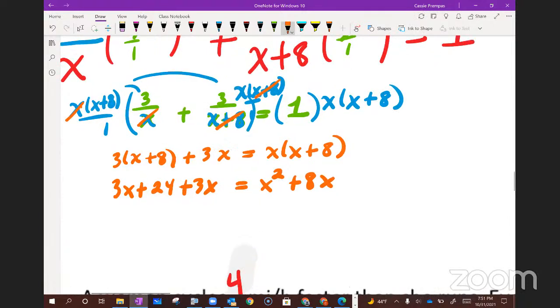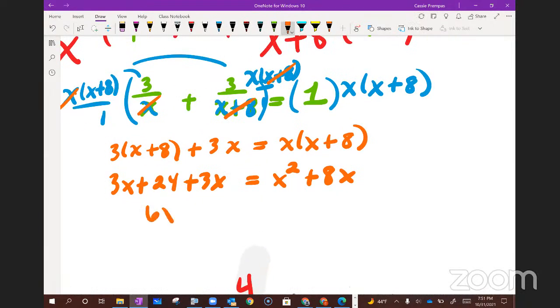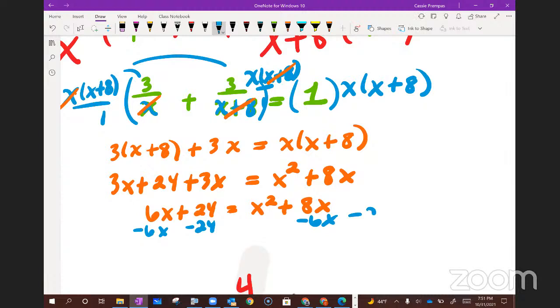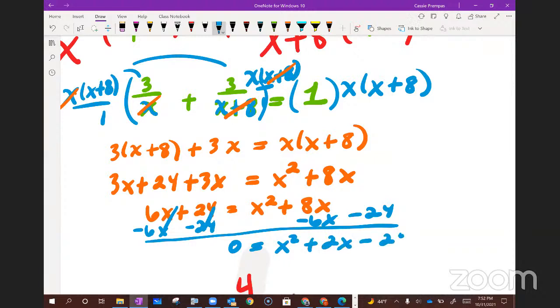This is a quadratic, so I'm going to set it equal to 0. 6x plus 24 equals x squared plus 8x. I'm going to go ahead and subtract 6x and subtract 24 to give me 0 is equal to x squared plus 2x minus 24.